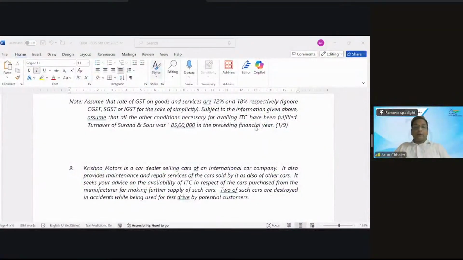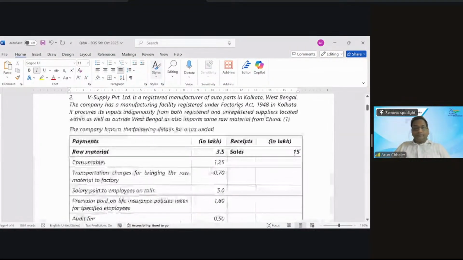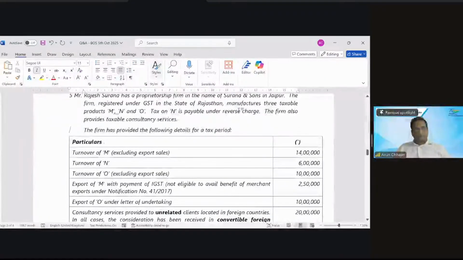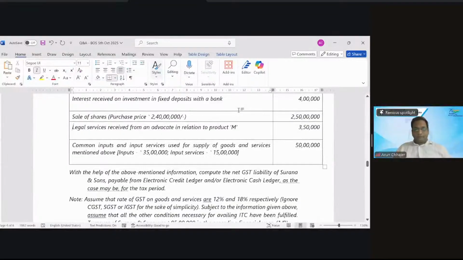So we were talking about the input. Input is 35 lakh and input service is 15 lakh, right?